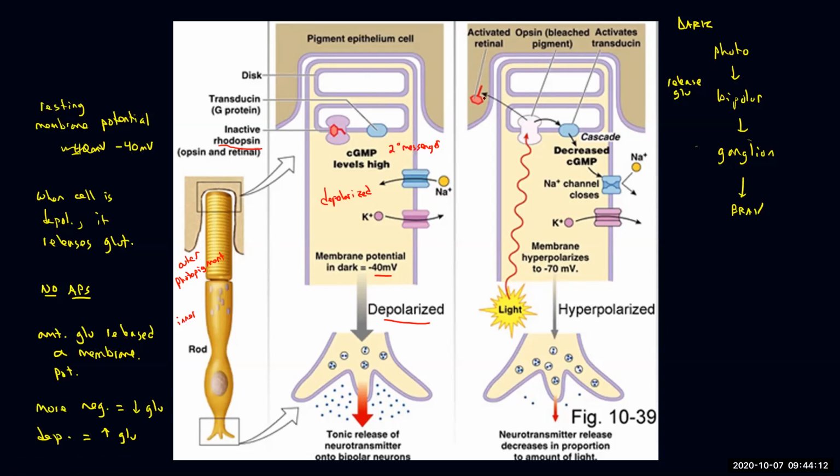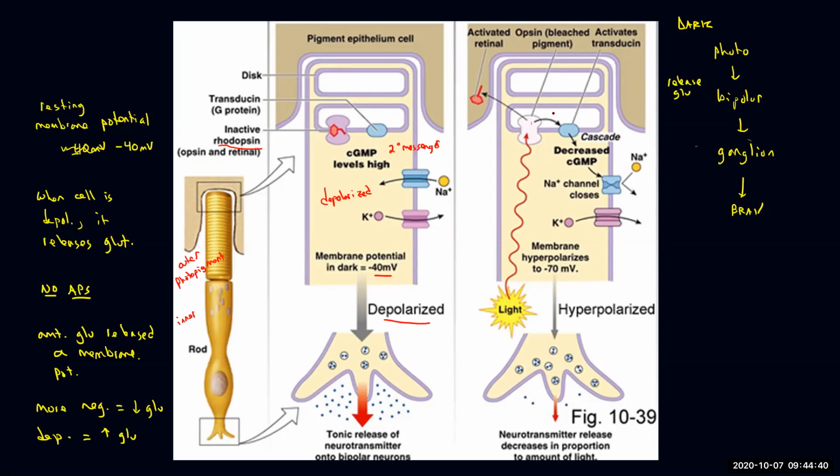In the light, we've got our retinol, our opsin, right? Things split. We go from 11 cis to all trans. What that is going to do is basically activate that G protein. It's going to change the amount of cyclic GMP around. You don't need to know the details of this.